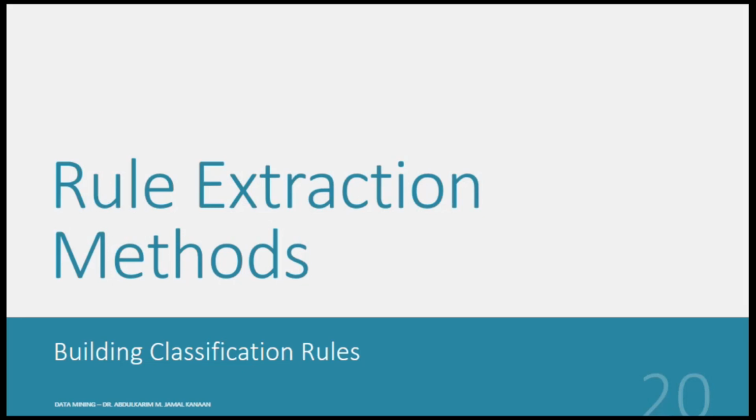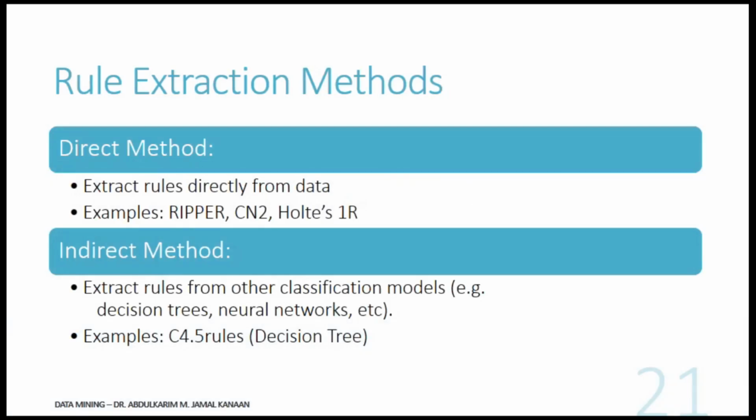Now for rule extraction methods, simply there are two ways: either the direct method, where we go directly to the data set and extract rules, or the indirect method. The indirect method means we depend on, for example, a decision tree. Instead of going directly to extract rules, we first need to build a decision tree. Only then can we extract rules from the decision tree.